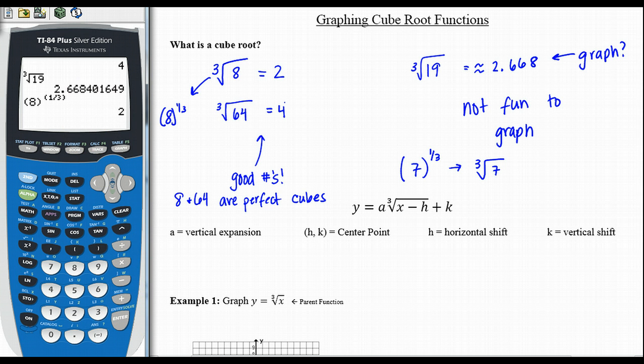That gives me 2. Remember, those are just different notations for cube root. So the important thing is, a cube root is a cube root. The cube root of 8 is 2, but the notation is different, or we've got this 7 to the 1/3 power. That is how we know something is a cube root function that we might graph.